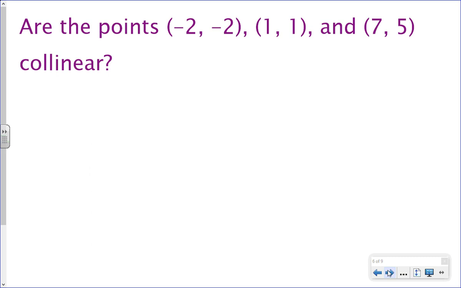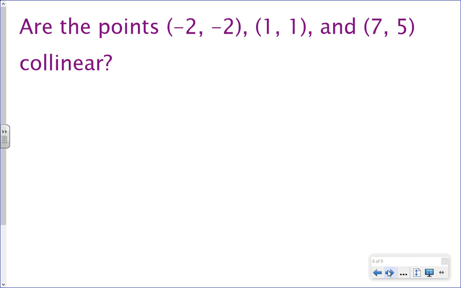So if I present a question like this, are the points -2, -2, 1, 1, and 7, 5 collinear? If I present this question to you on a matrix test, what would you do to solve it? Throw it into that determinant.